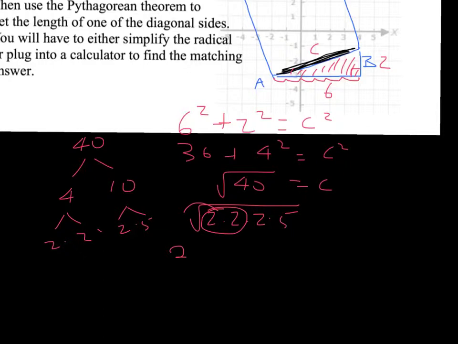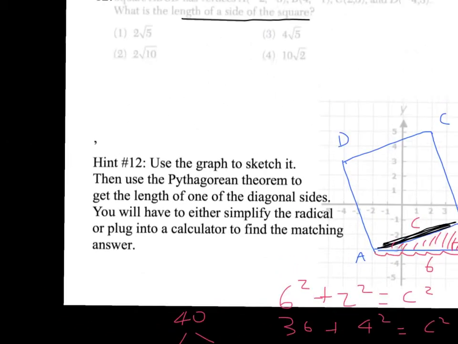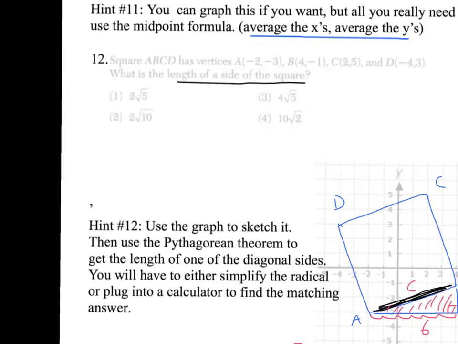So it would be 2 times radical 2 times 5, which is 2 radical 10. Using the calculator is probably the easiest way to finish off the question, looking for the one that's equivalent to radical 40, and 2 radical 10 is the answer.